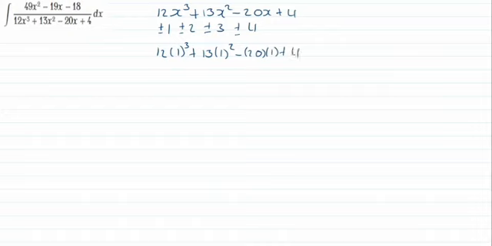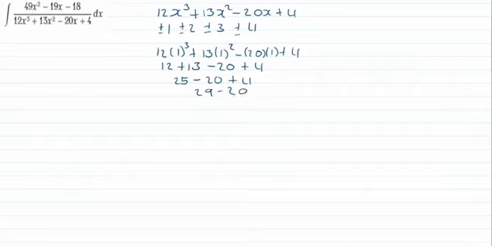So with this one, if we try to simplify, we're going to have 12 plus 13 minus 20 plus 4. Clearly this one can't give us a 0, because 12 plus 13 is 25, then minus 20 plus 4. This is simply 29 minus 20, which is equal to 9 and not a 0. So this one can't be a factor.